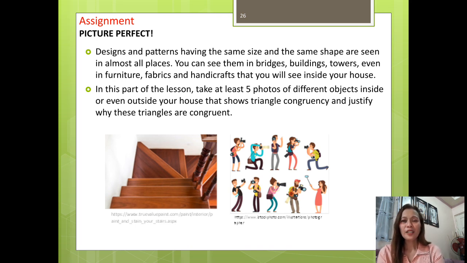So in this part of the lesson, take at least 5 photos of different objects inside or even outside your house that show triangle congruency and justify why these triangles are congruent.